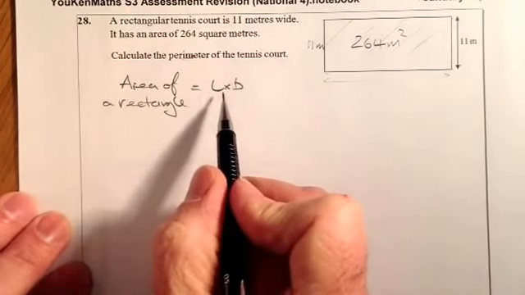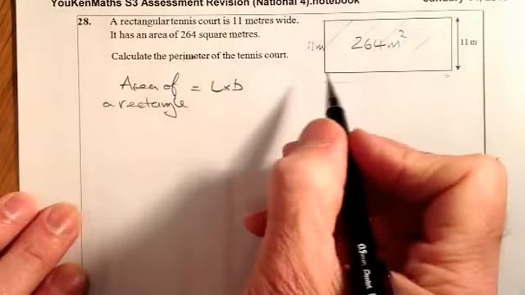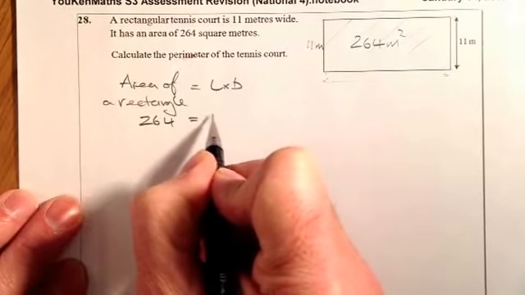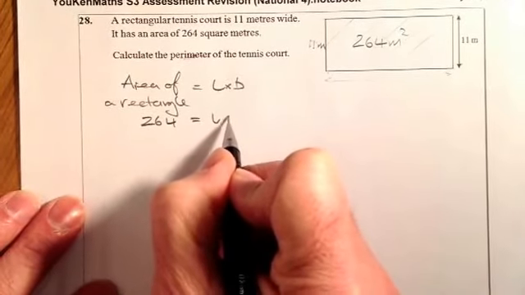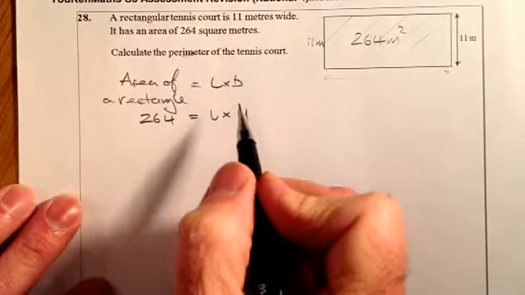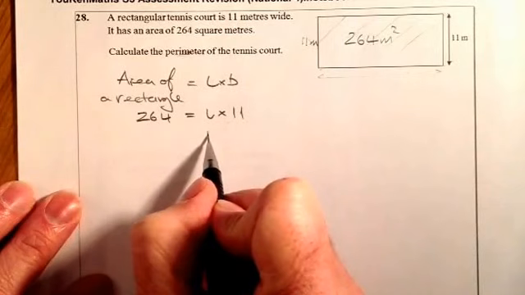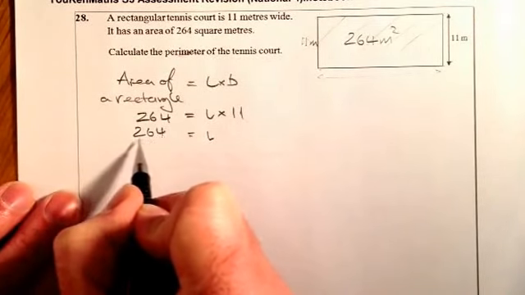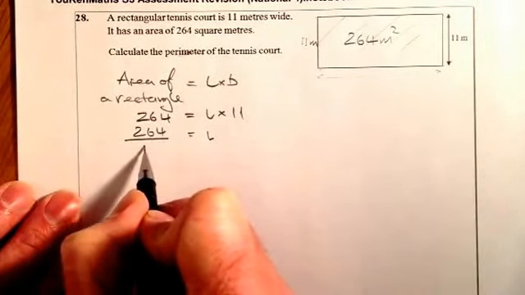But here I can't put in the length and the breadth. What I will put in though is, I know that the area is 264. I don't know what the length is, but I do know what the breadth is, that's 11. So to leave the length on its own, I can divide 264 by 11, and from there I should work out what the length is.